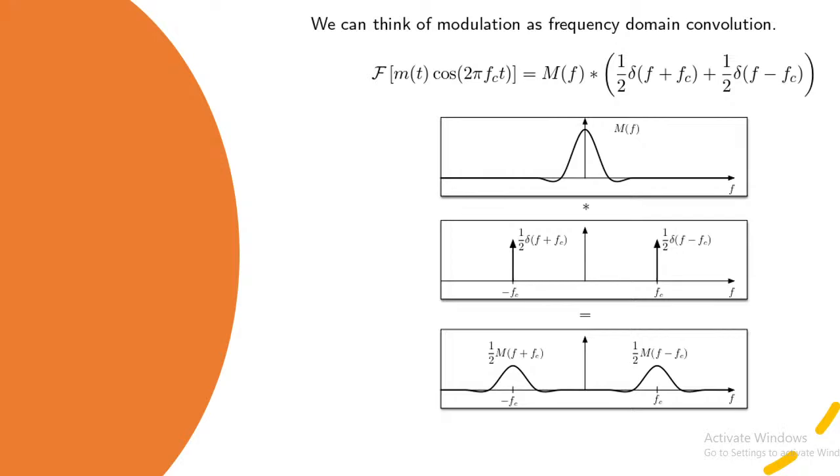So 1 by 2 delta(f plus fc) and 1 by 2 delta(f minus fc) is the Fourier transform of cos 2 pi fct. Now if you convolve these two, M(f) will shift to minus fc and to plus fc, and the amplitude will be half. So that is what is shown here.